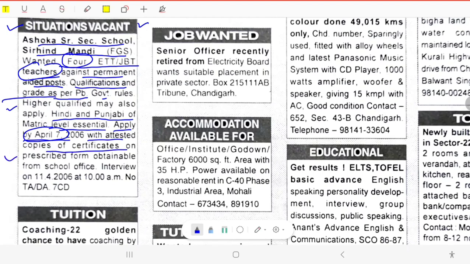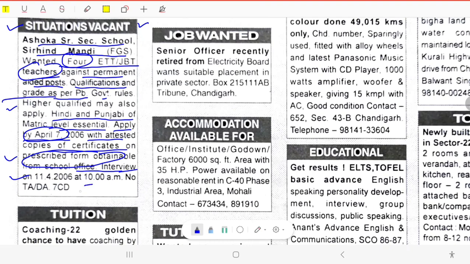This is a further requirement. The line about forms from the school is not necessary. You may avoid it, though you can add that the form can be obtained from the school premises or school office. Not needed. And the interview is on this date.